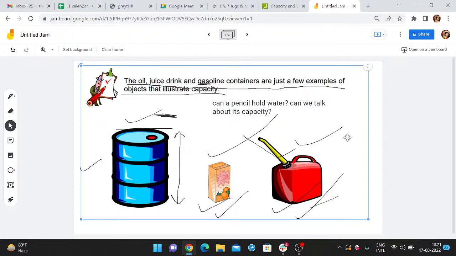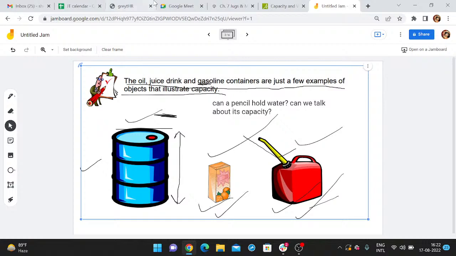I'm sure this is going to be hard. It's next to impossible to do it because it's not a container. We cannot talk about its capacity at all. Okay, so the containers which are 3D in shape can definitely have capacity and volume.